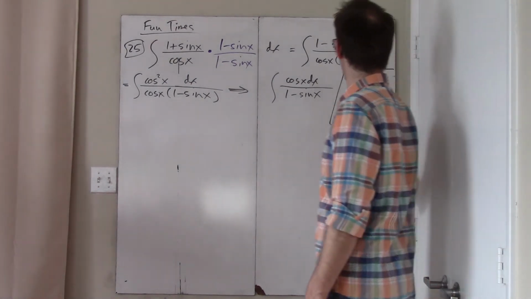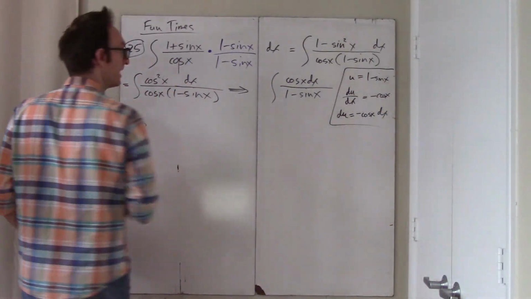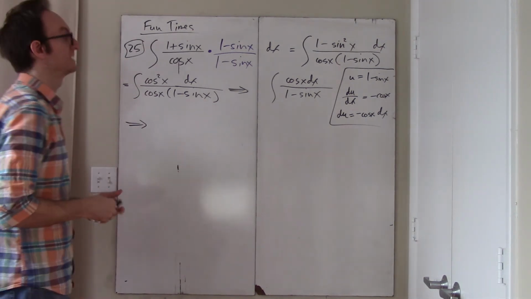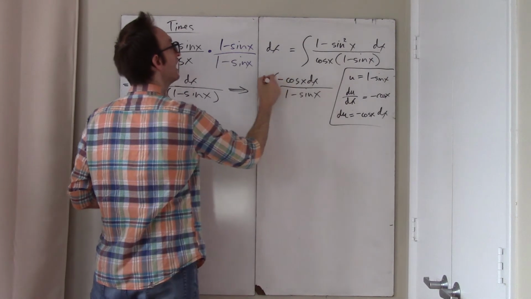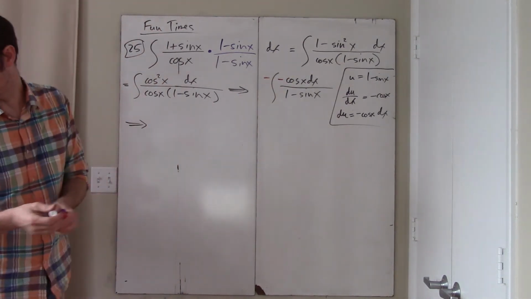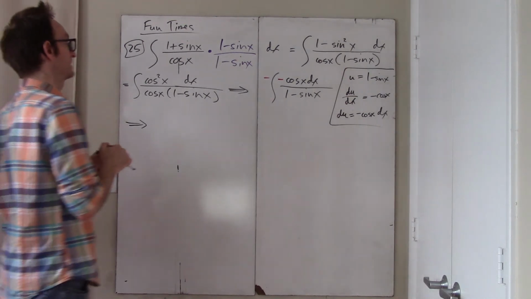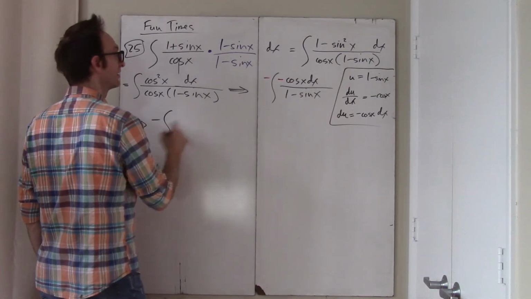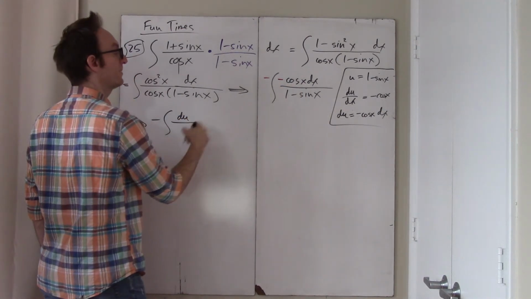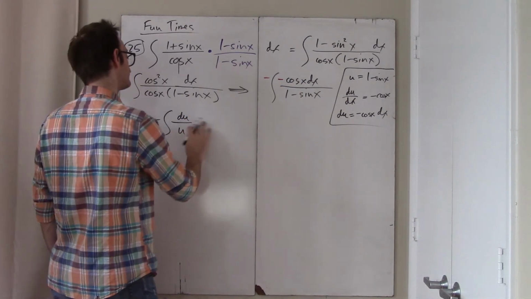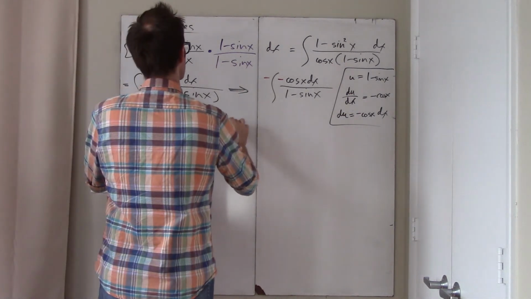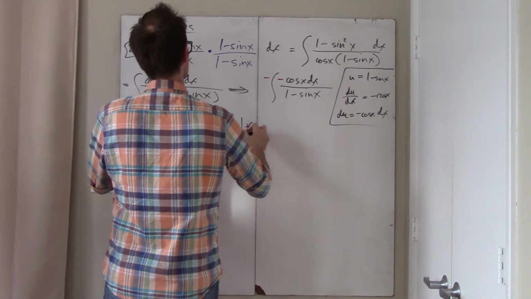Now I can stick in a negative, undo the damage, and this is just how you do this problem. The top, negative cosine x dx, is just du, and the bottom is u. And that problem I know to be negative ln absolute value of u plus c.